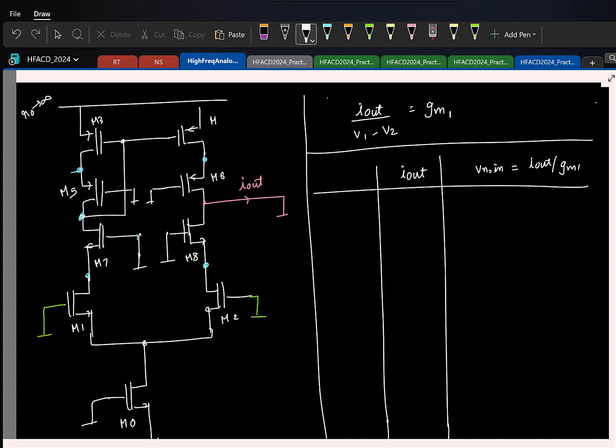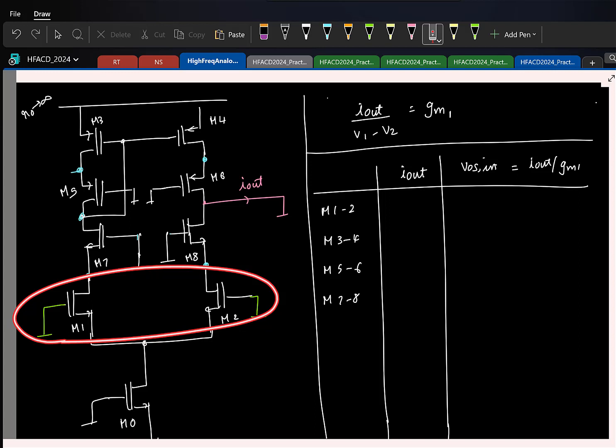Which all transistors can result in offset? You'll have M1, M2, all 3, 4, 5, 6, 7, 8, that's all. Again, we'll consider only threshold voltage mismatches. So what will be the contribution to the input referred offset voltage from the input pair? It will just be the delta VTH12.